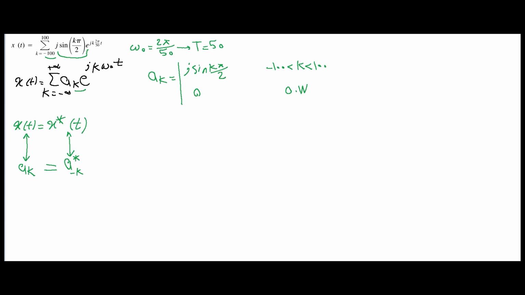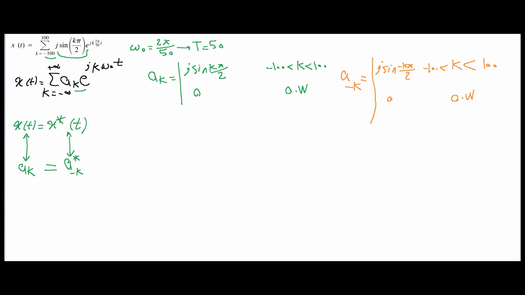First, we calculate a_(-k). To do this, we simply replace k with minus k in the coefficient expression. This gives j multiplied by sine of minus kπ over 2.